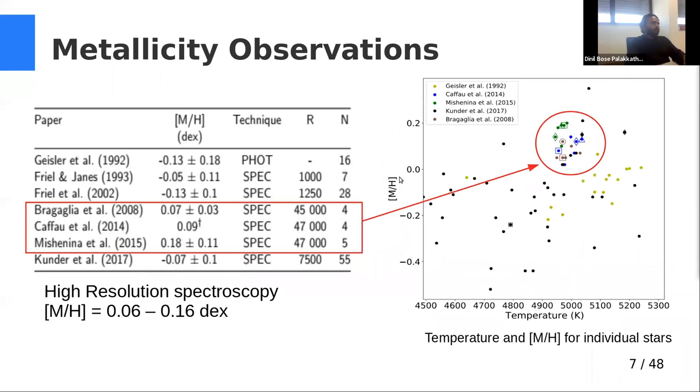When we look into the high resolution spectroscopy, on the right, I am showing the metallicity versus temperature diagram for individual stars. The black dots represent the RAVE stars, and the high resolution spectroscopy measurements I have encircled with a circle. So when we look into the high resolution spectroscopy, we can see that the metallicity varies from 0.06 to 0.16 dex.